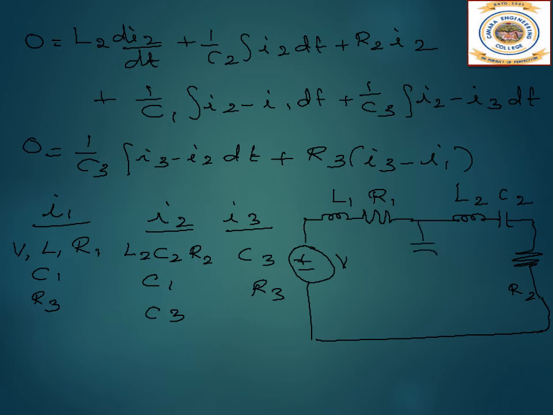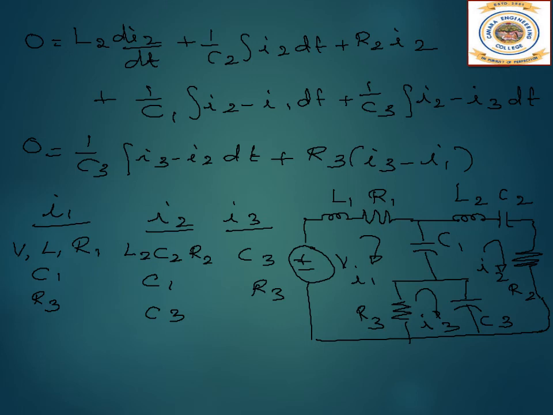So that we will draw here. This is C1. Then we have another loop C3, which has R3 common between 1 and 3. So this is R3 and C3 common between 2 and 3. So this is C3. So here this is I1. Here we have I2 and here we have I3. So now we are done with the force voltage analogous circuit.